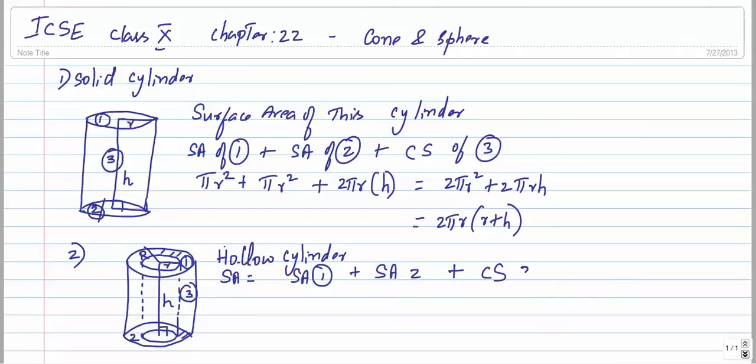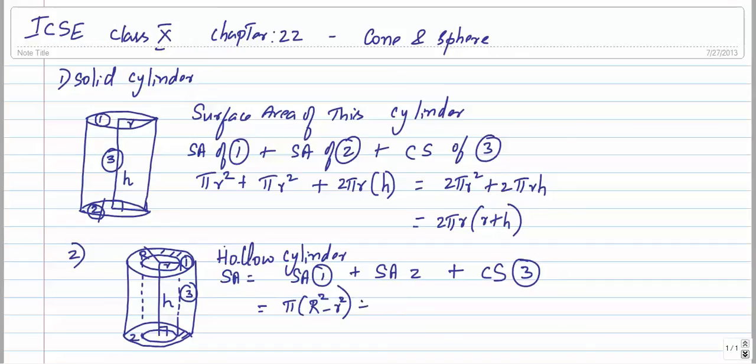Now, what is the surface area 1? We can clearly see that it is the area of the circle of capital radius R minus the area of the circle of small radius r, because this portion is cut out. So I can write this as pi into R square minus r square.